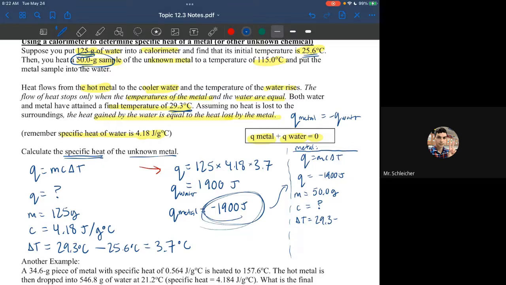The metal started at 115 degrees Celsius. All right. If we do this, 29.3 minus 115, you get a number like negative 85.7 degrees Celsius.